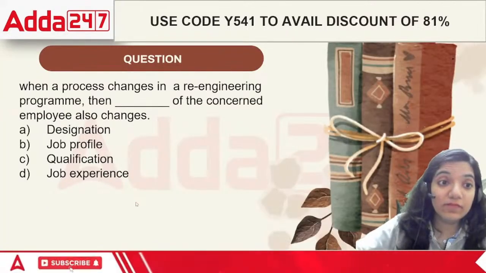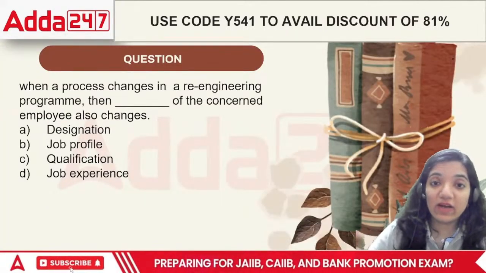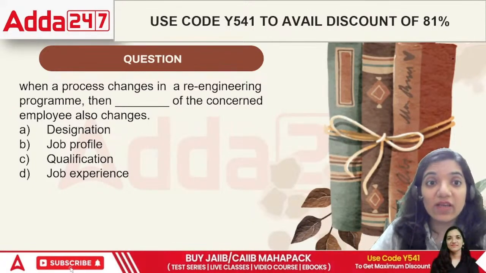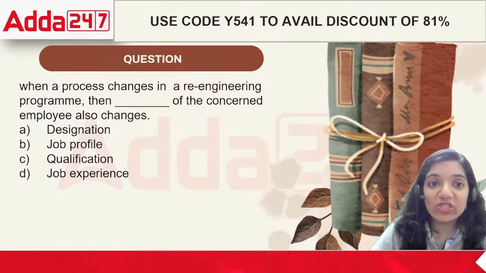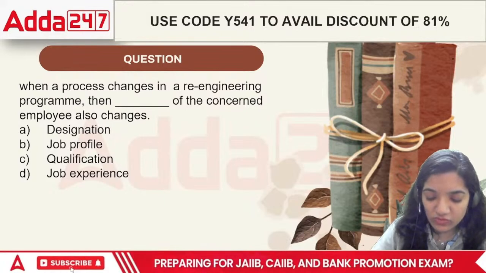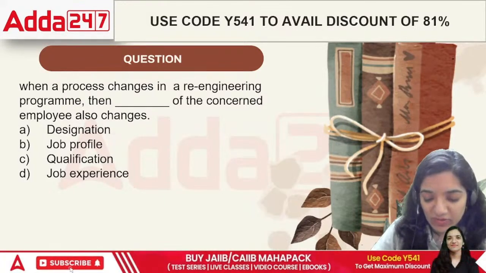Then the next point that comes here is: when a process changes in a re-engineering program, then dash of the concerned employee also changes. If they look towards re-engineering, what happens in this case, everyone?